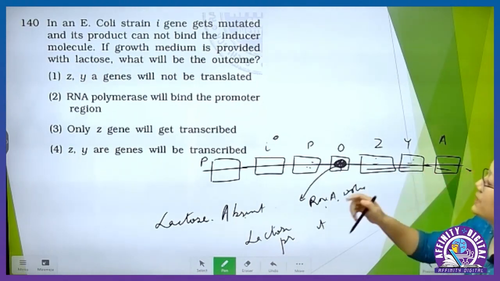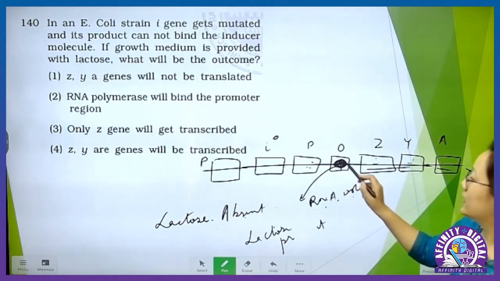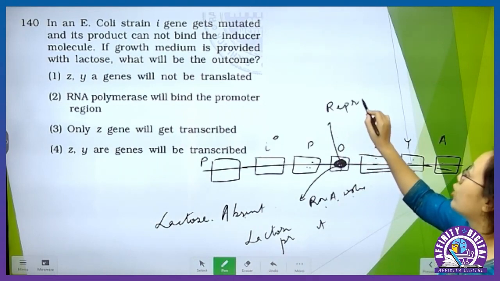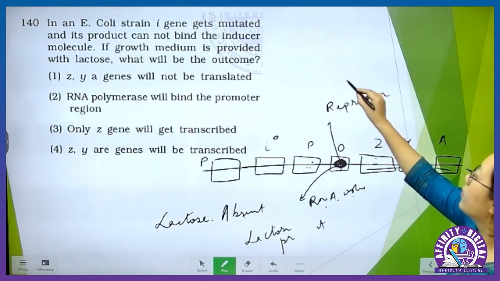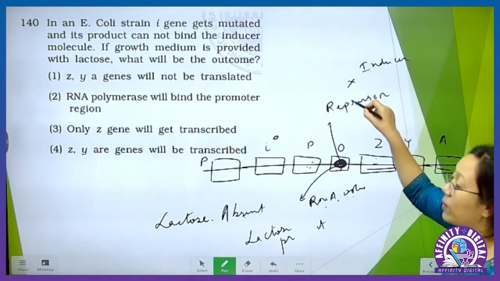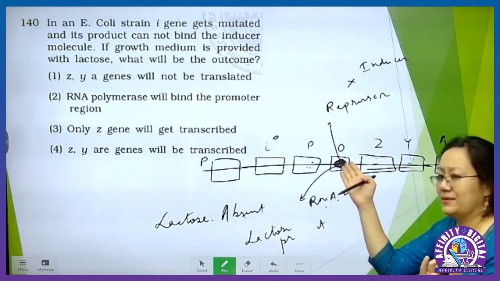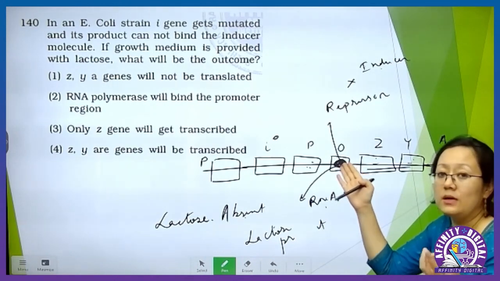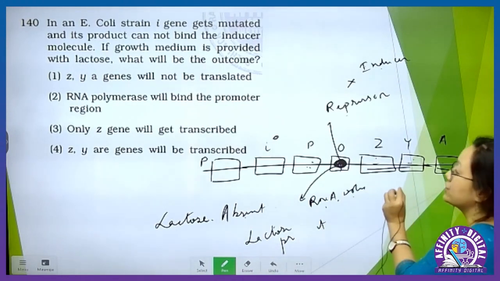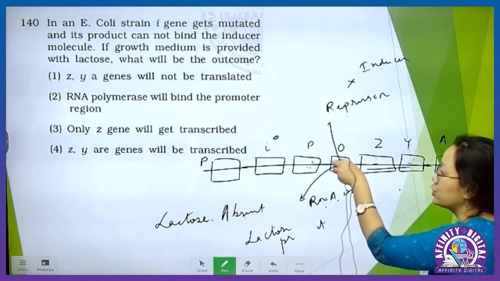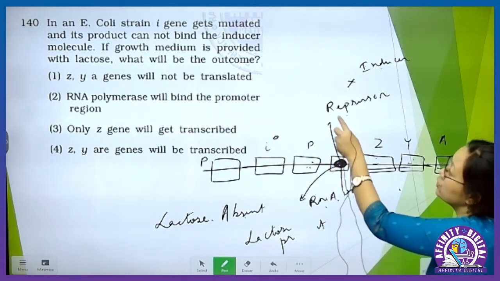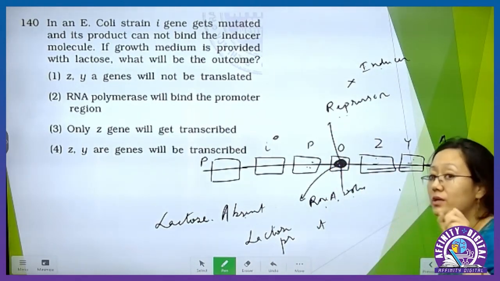But in this case, the repressor cannot bind with the inducer. The repressor is there, bound to the operator, but it cannot bind with the inducer. Actually, the inducer should come and the repressor should be removed, but here the question says the repressor cannot bind with the inducer.